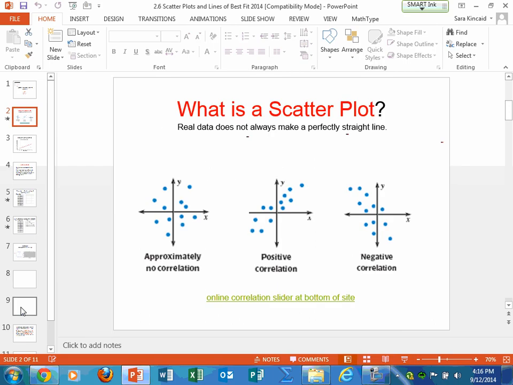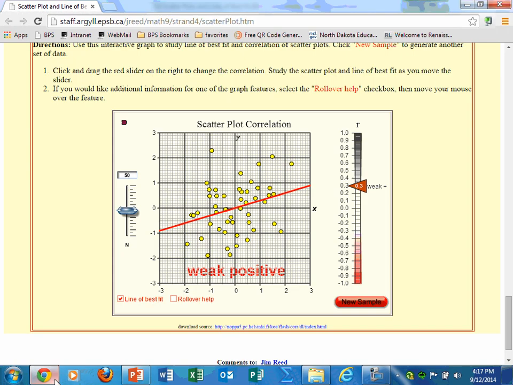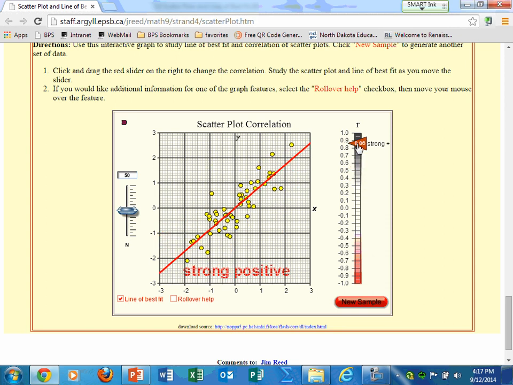I want us to take a look at an online site here real quick that has a good example of how correlations work. This is a pretty weak correlation. You can see a line of best fit that goes through them. Well, that line doesn't really need a whole lot of those dots. And as I change this and make it a stronger relationship, see how those data points become closer.